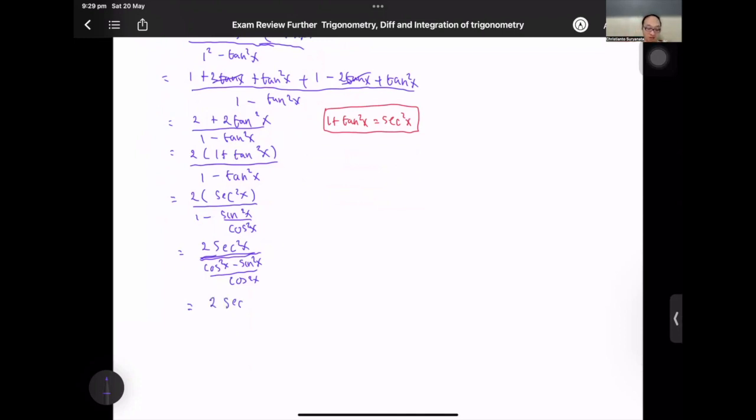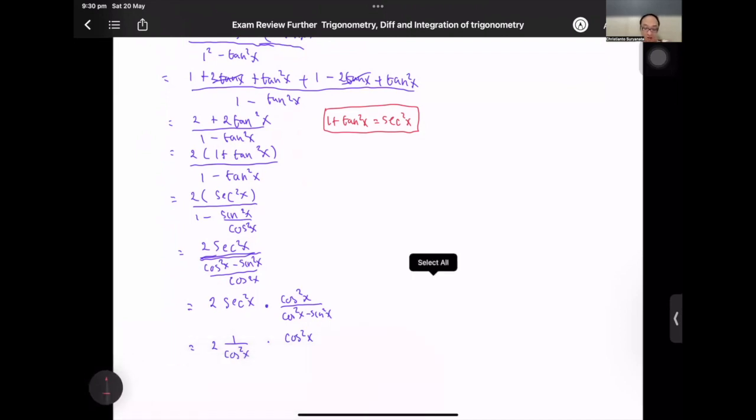So 2 secant square x times cos square x over cos square x minus sine square x. Now we know that secant is 1 over cos. So it's 1 over cos square x times cos square x over cos square x minus sine square x.